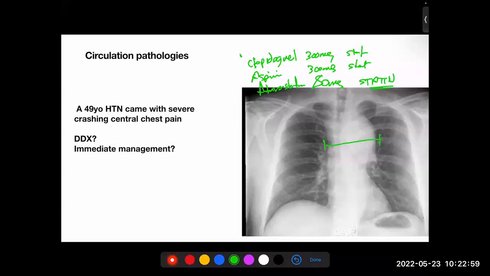What is a dissection? Let's start there. It's a rupture of the walls of the aorta. It's a tear, right?